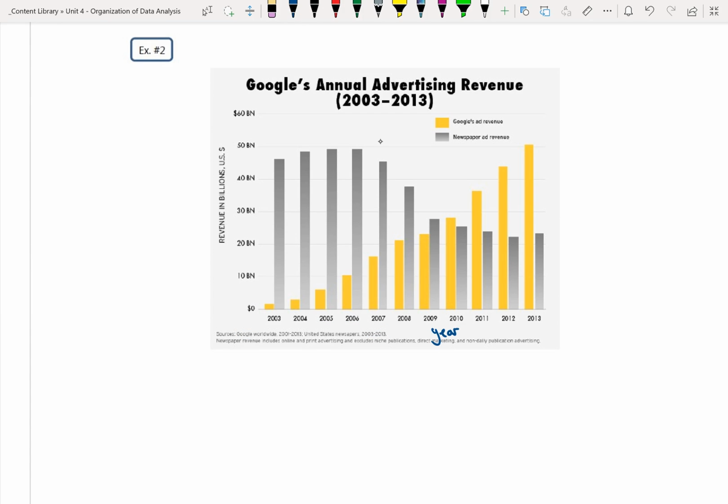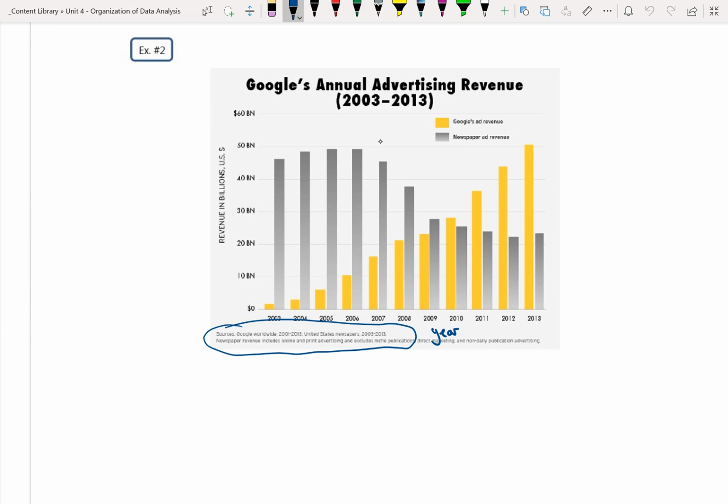We are getting our information from Google and from newspapers. It doesn't really say which newspapers, so that could be an area of bias. Again, talking about how the newspaper revenue has come up, whether or not you agree is up to you.